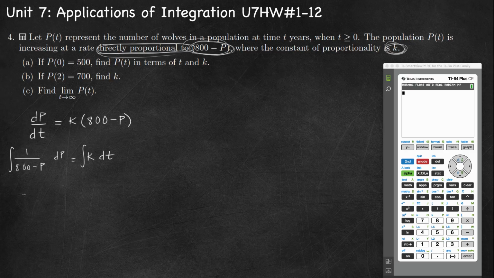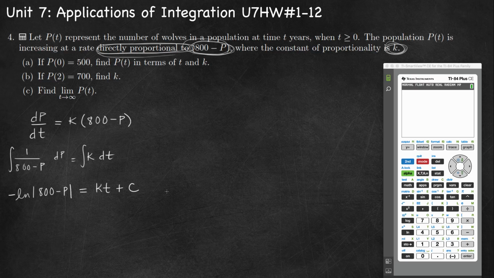So it's going to become the integral of 1 over u times -1 times du. So that integrates to negative the natural log of the absolute value of 800 minus p, plus c, but we'll save the c for the other side. On the right, when I integrate k times dt, I get kt plus our constant c.